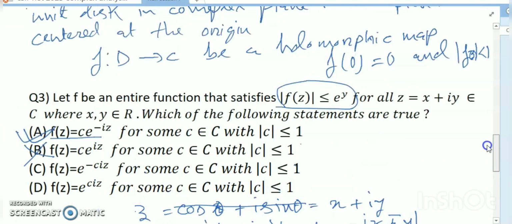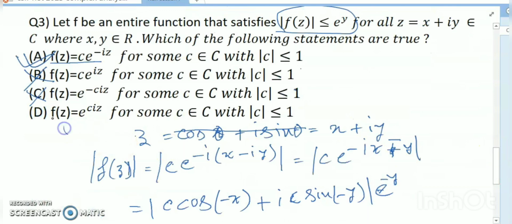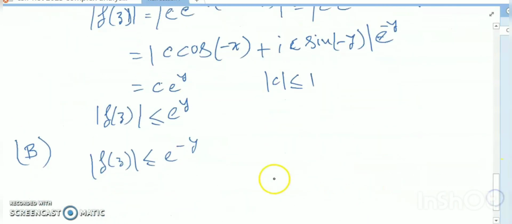So option B is not correct, and option C is not correct. How is option C not correct, and D? The procedure is the same.